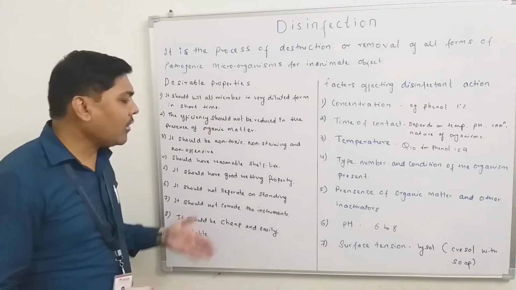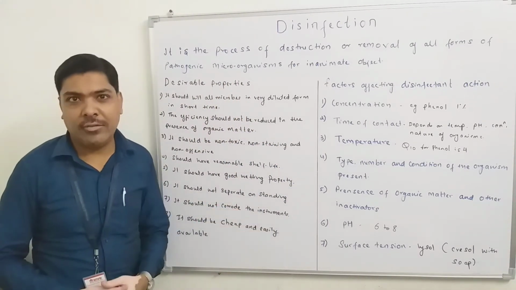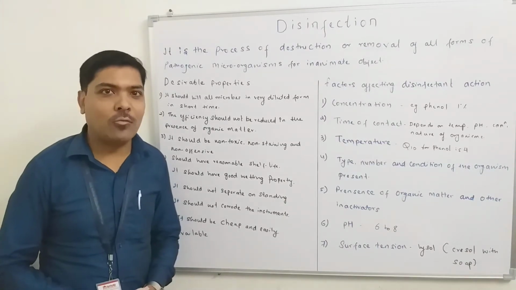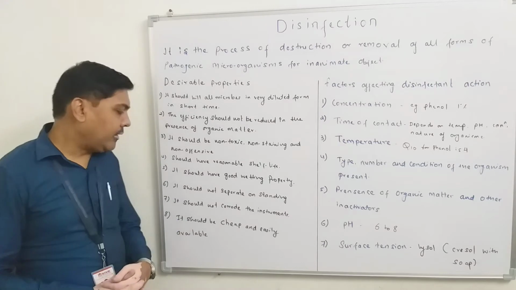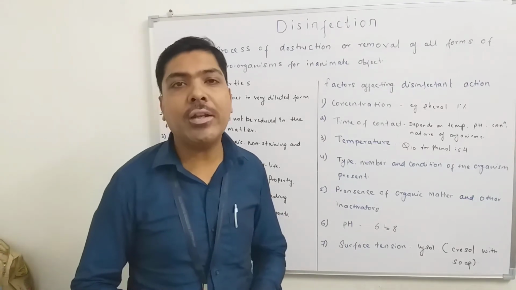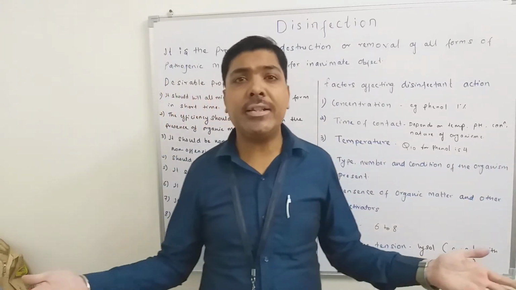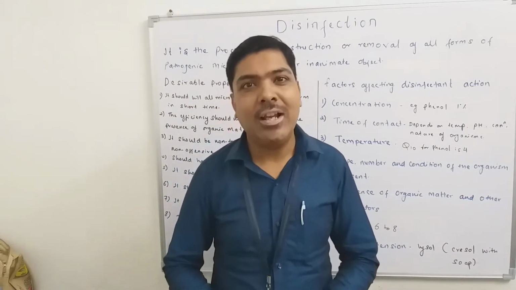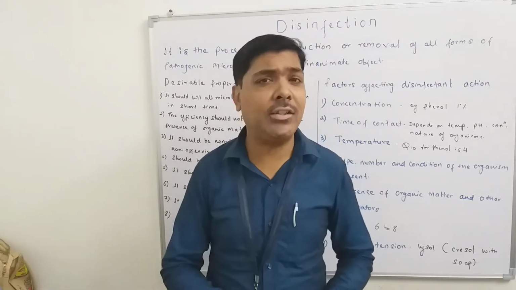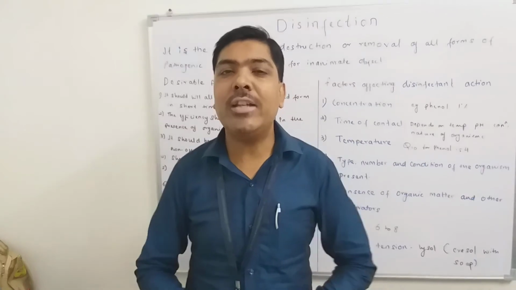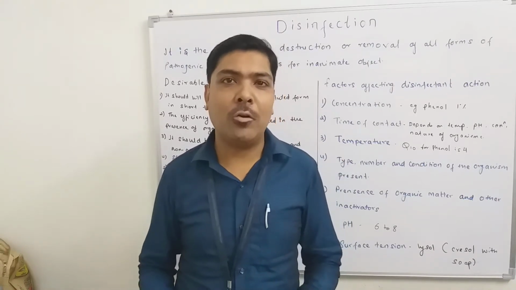Now, it should not separate on standing, because if phase separation occurs, it will directly reflect the quality of the disinfectant. Then it should not corrode the instruments. If you are talking about a pharmaceutical industry, and you are applying a disinfectant in an area where large instruments made of stainless steel or any other metal are placed, and because of the application of the disinfectant they are corroded, then definitely it will not be tolerated.